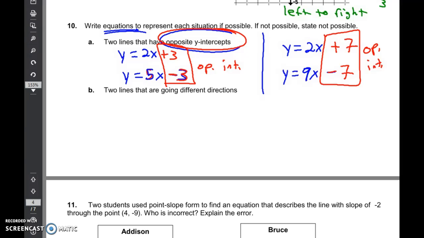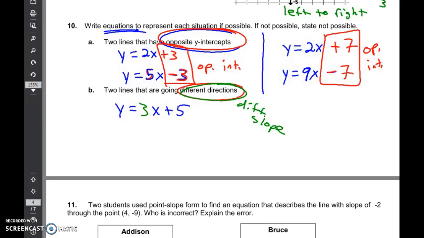Two lines going in different directions, that just means two different slopes. So different directions is different slope. So to be an equation, there has to be an equal sign, y equals. So if I'm going to use a slope of 3, I need a different slope.